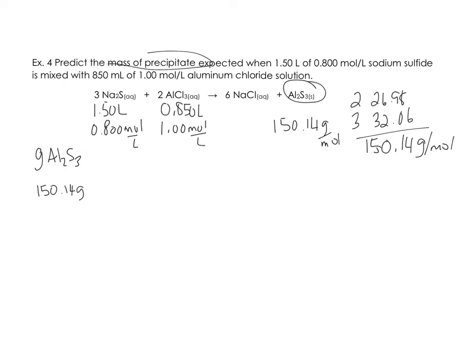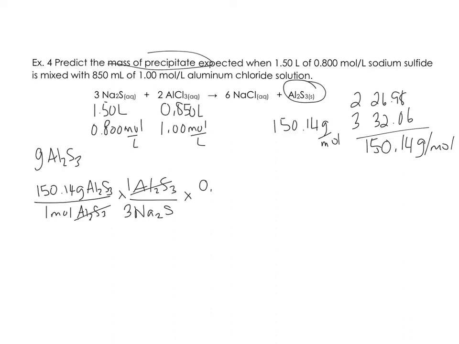So 150.14 grams of aluminum sulfide for every 1 mole of aluminum sulfide. So now we convert aluminum sulfide to sodium sulfide. So that's a ratio of 1 to 3. So now we have to get rid of moles of sodium sulfide. We do that with our concentration.